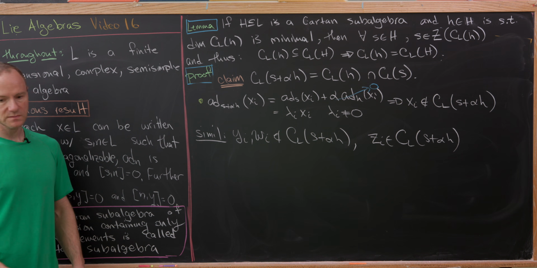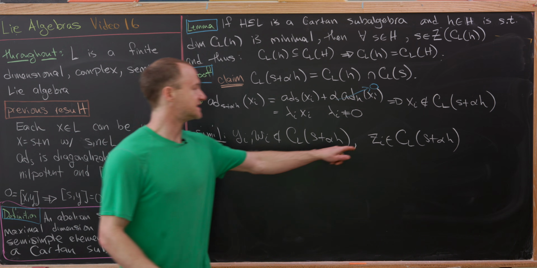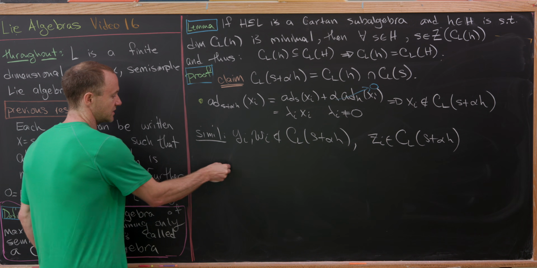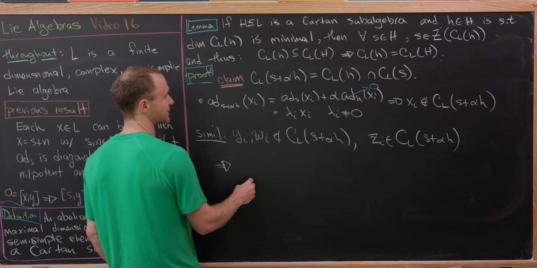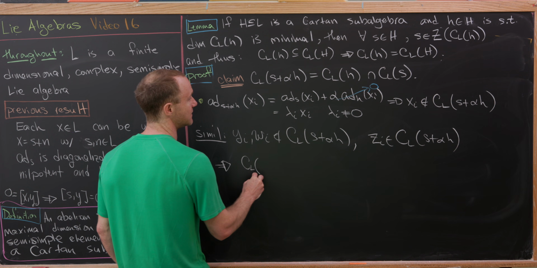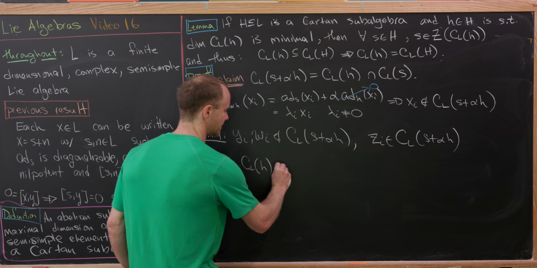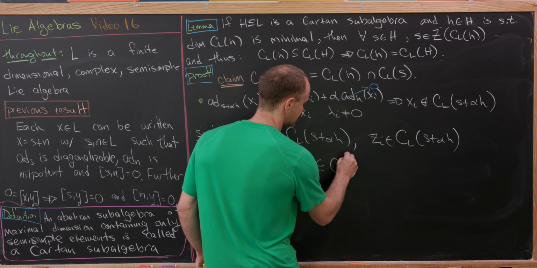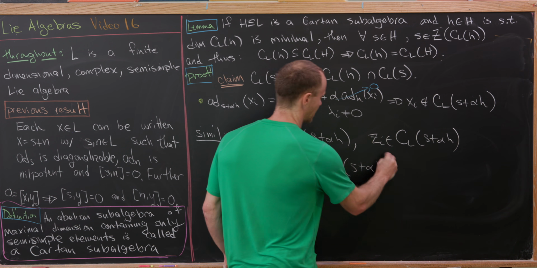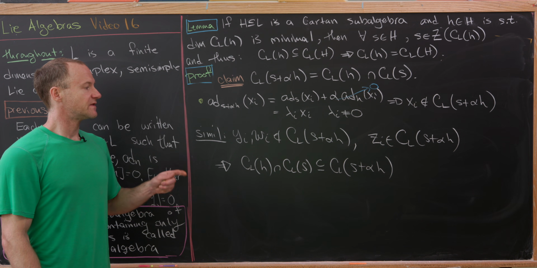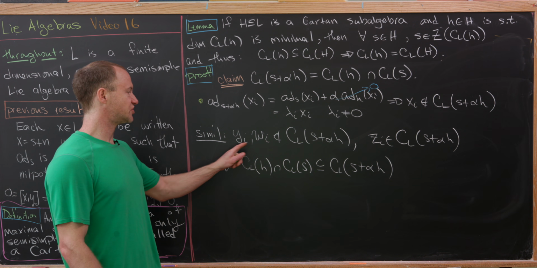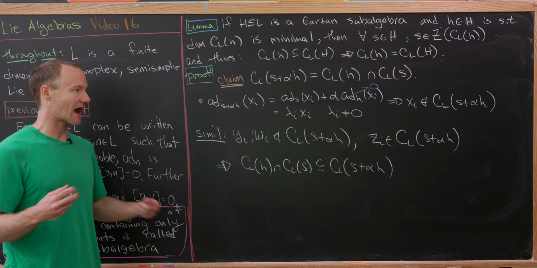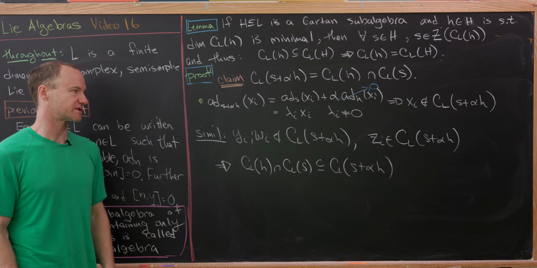Okay, great. But now let's observe that the Zi's formed a basis for this intersection. So since the Zi's formed a basis for this intersection, that tells us that immediately we have CL H intersected with CL S is contained inside of CL S plus alpha H. But then the CL S plus alpha H did not contain any of the other vectors that extended our original basis to a basis of the whole space.